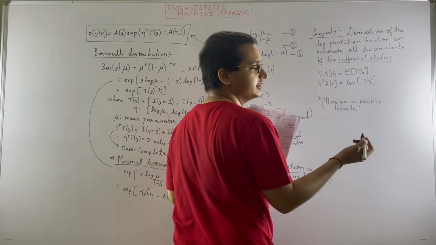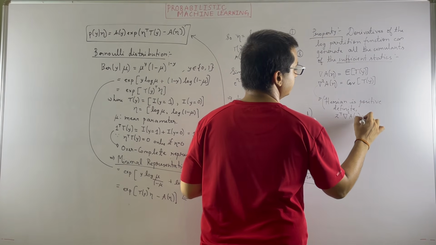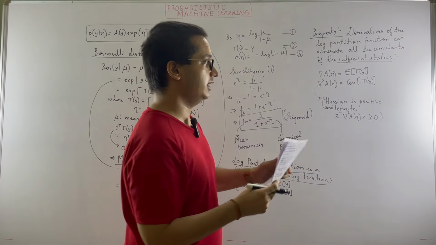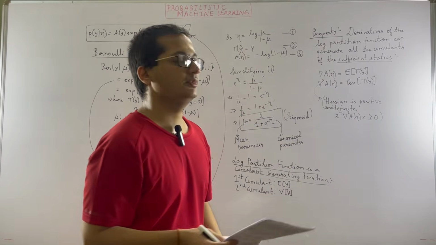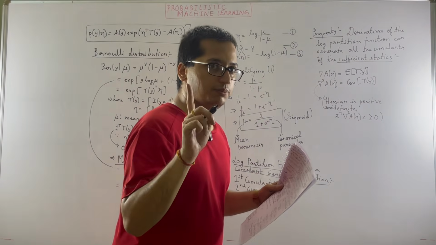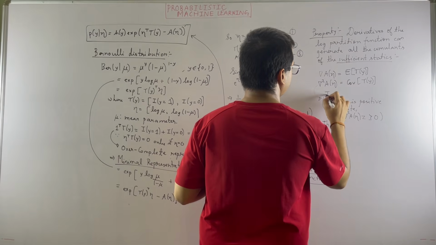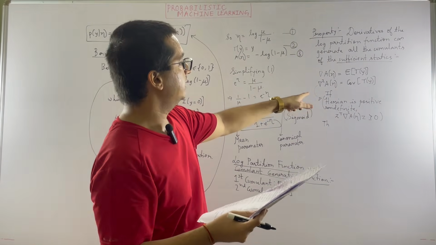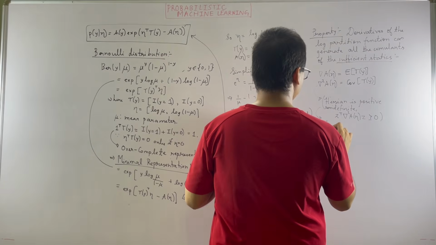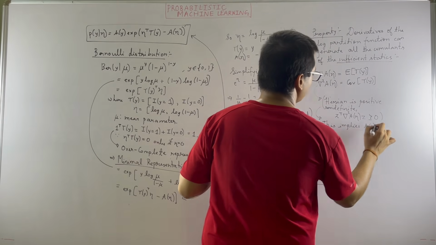It basically means that if I take some, let's say, vector z, then z transpose del square a of eta z, positive semi-definite actually, so this will be more than equal to zero. That is, for all z, this quadratic form will always be more than equal to zero. All right. So if the Hessian is positive definite, then we will prove that this actually implies that the log partition function is convex in eta.